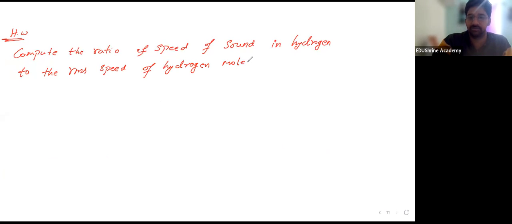So it is basically the speed of sound to the RMS speed. This is hydrogen gas. You can call it hydrogen gas. Yeah, this is your homework. We should find out the ratio between these two, hydrogen gas to hydrogen molecules.